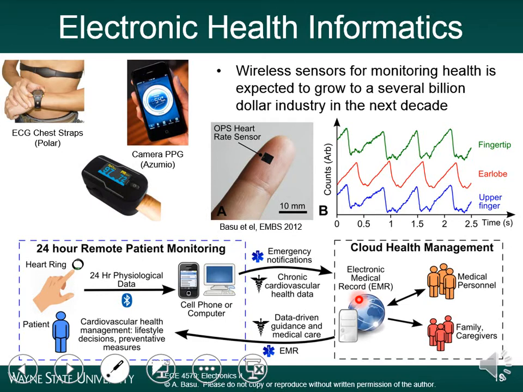And so this information can be made available to medical personnel and family and so on. The idea behind this is that the more data that can be gathered on your health, this data will be fed back to you as a patient, and it can help you make adjustments in your lifestyle, whether it's to reduce stress, reduce blood pressure, or eat certain types of foods at certain times of day to basically manage your own health.